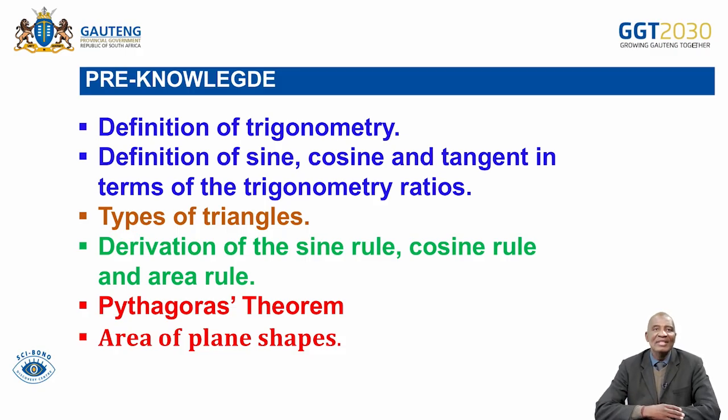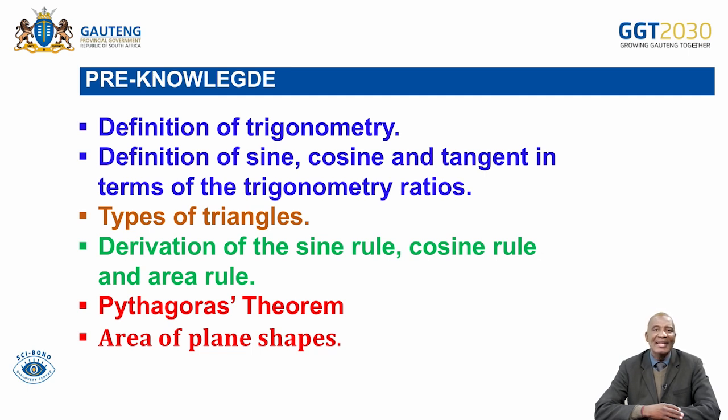Then definition of trigonometry. You are already familiar with trigonometry. You know by now what is trigonometry. Definition of sine, cosine, and tangent in terms of the trig ratios. Then types of triangles, as in sides or as in angles. Remember, triangles can be named in either using sides or using angles.